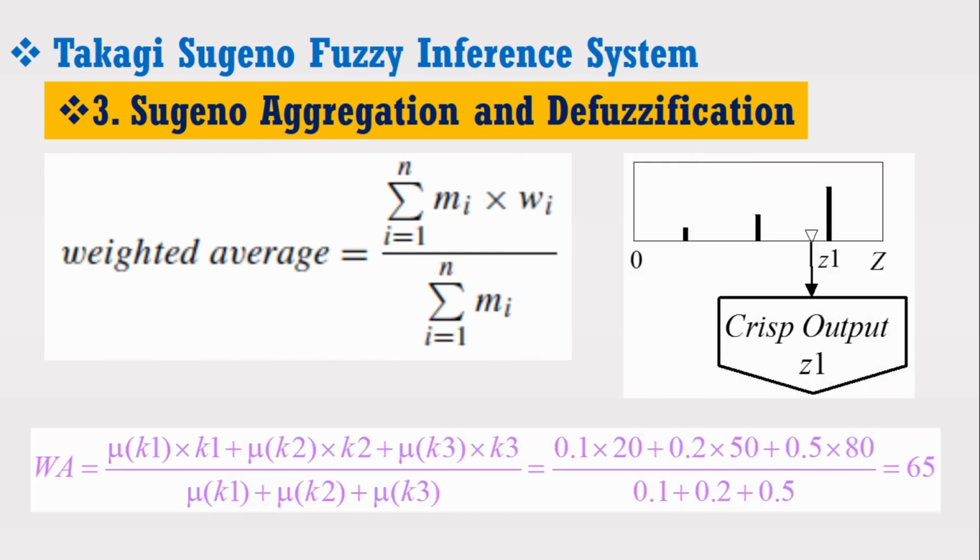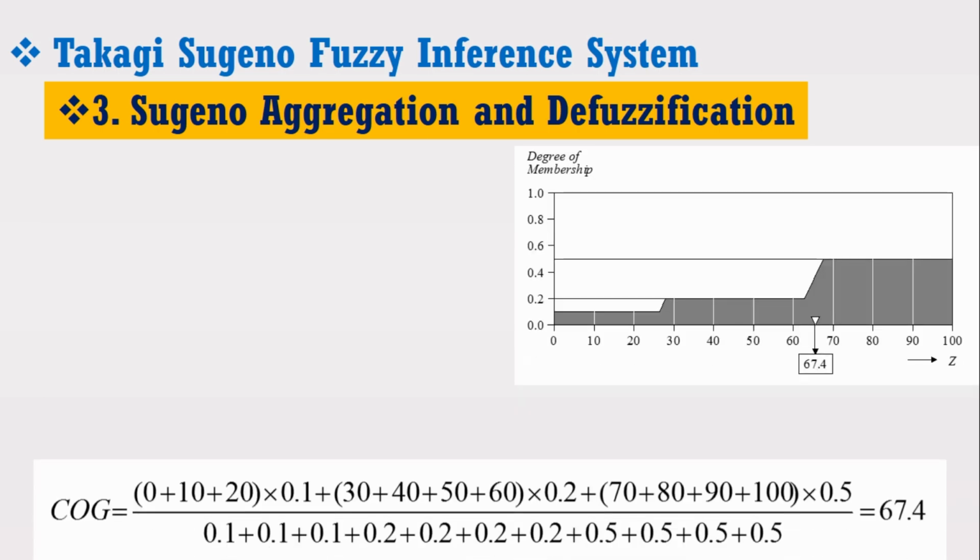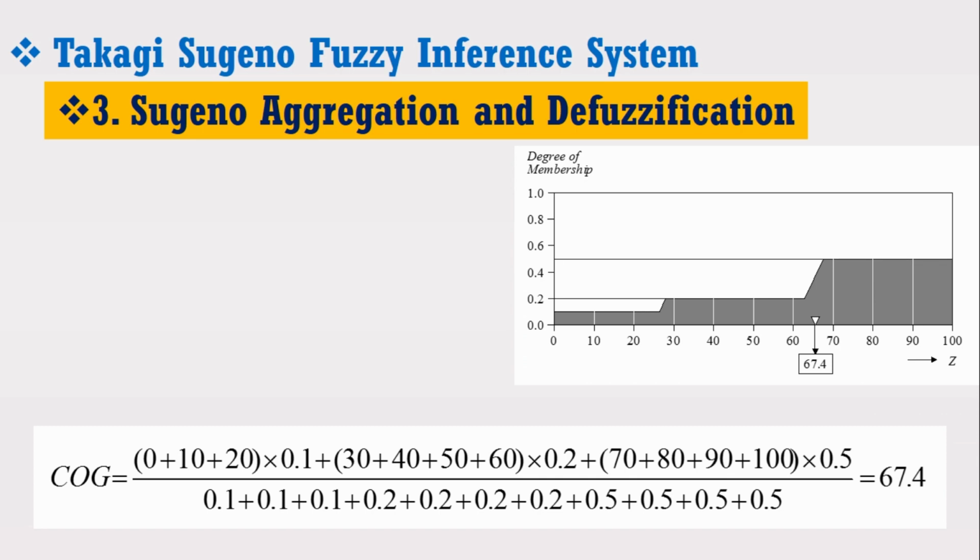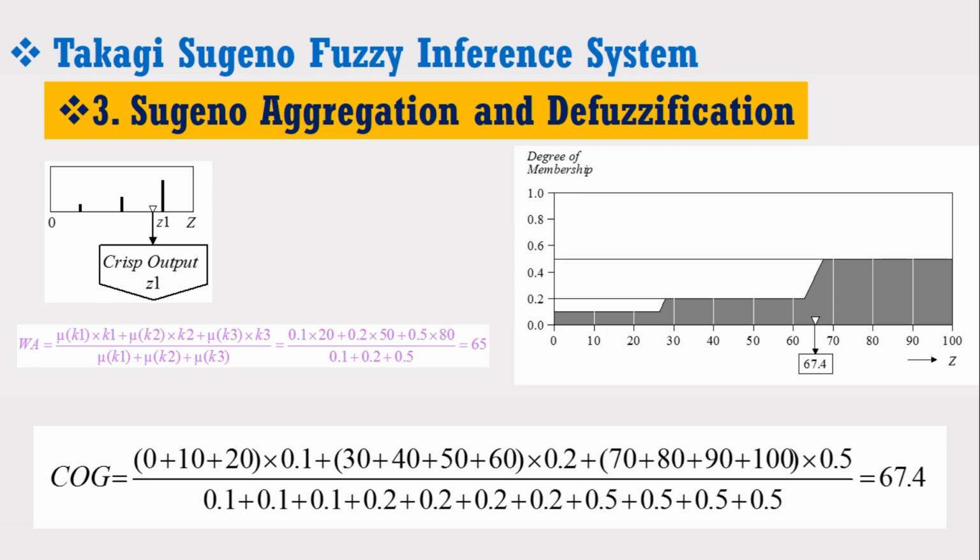The final output by the Takagi-Sugeno method is 65. Friends, it may be noted that in the centroid method there were 10 samples and it has the output of 67.4, whereas in the weighted average method there are only 3 samples having the final output of 65. This is how the Takagi-Sugeno fuzzy inference system works.